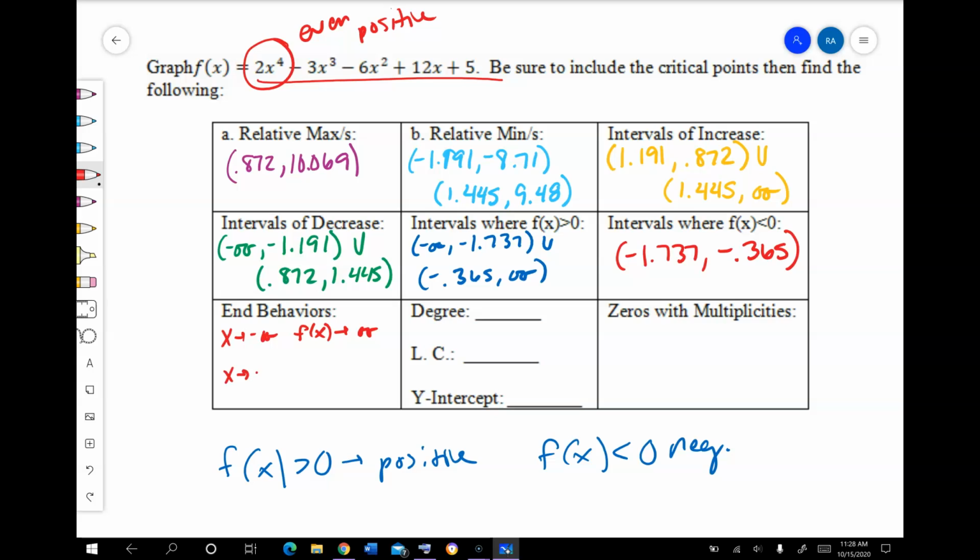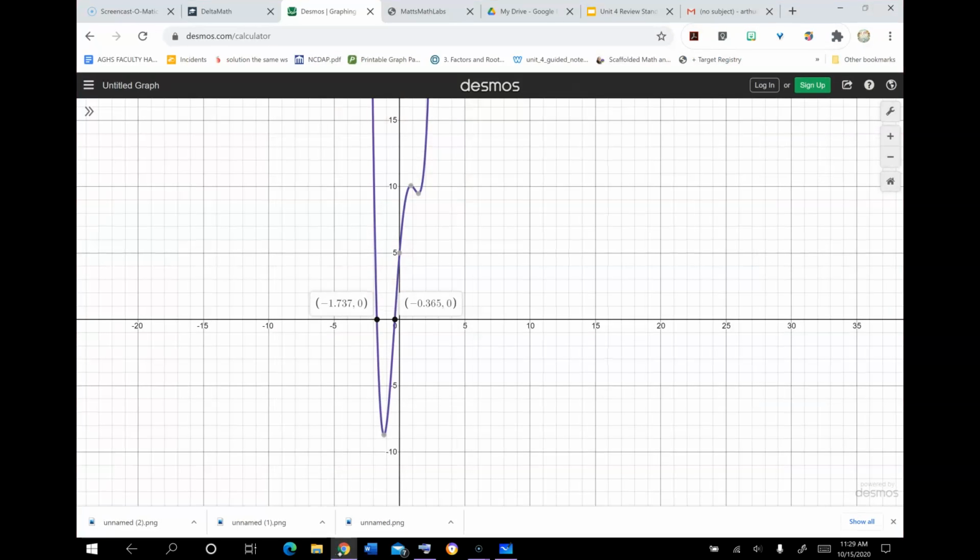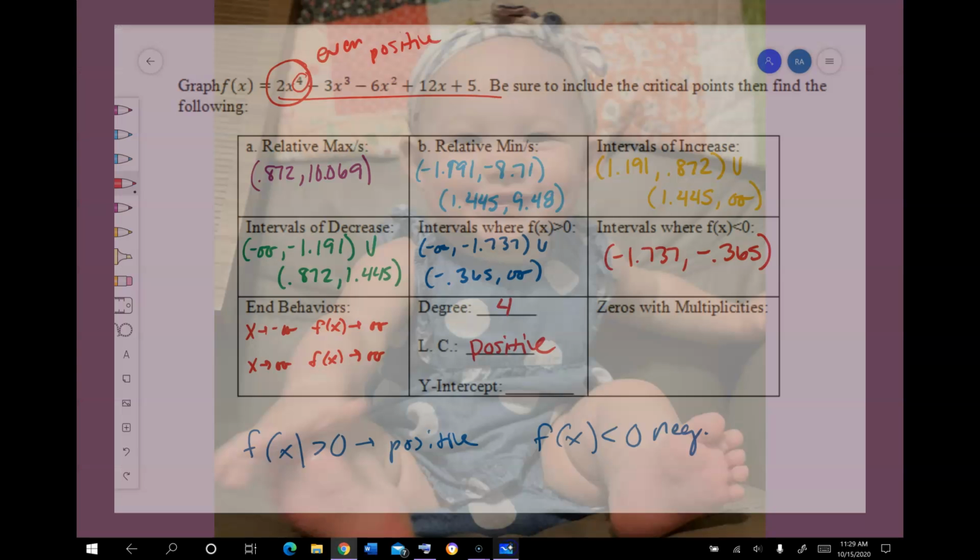And when my x's are positive, my y's are also still positive. The degree in standard form, it's the highest exponent, which is 4. My leading coefficient is positive. Y-intercept, you can graph this, and when we go to the graph, my y-intercept is right there at 0.5.